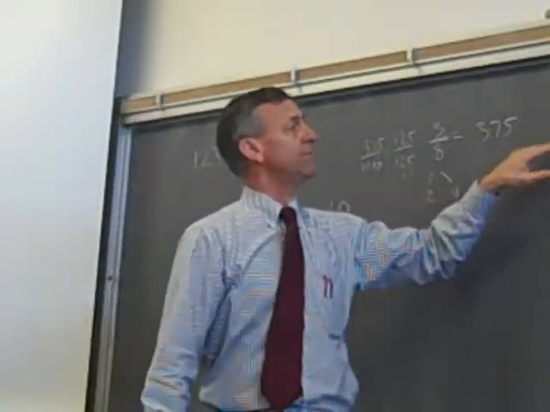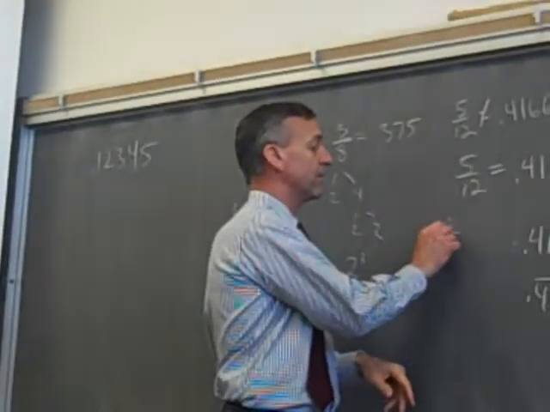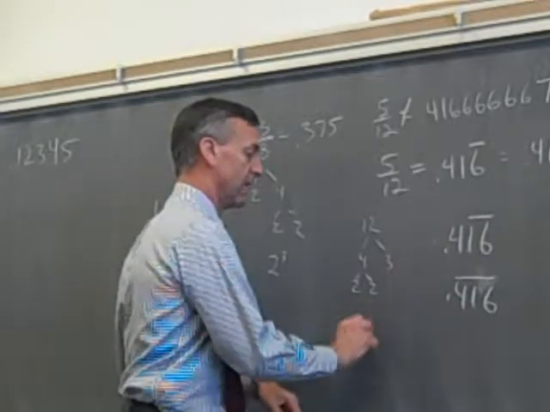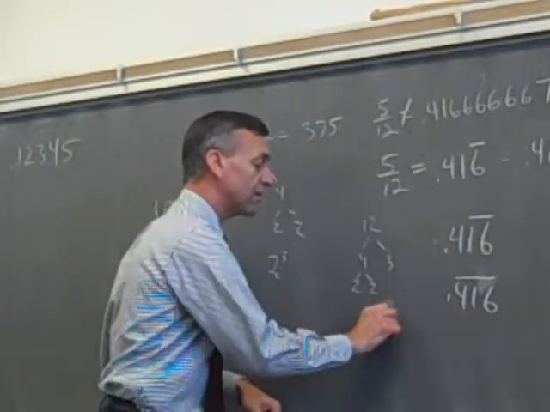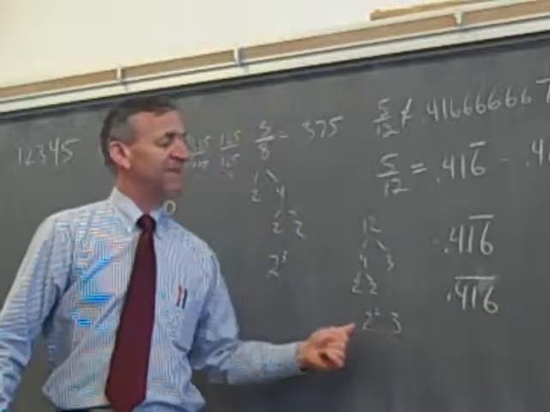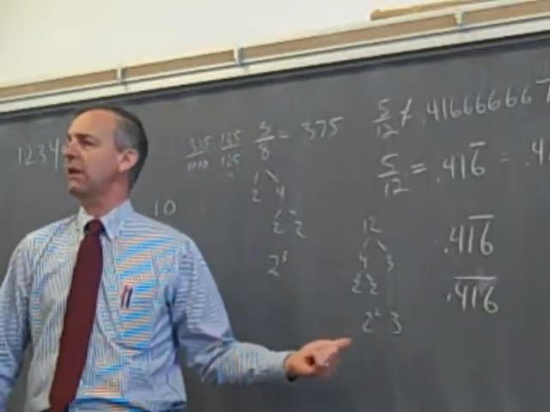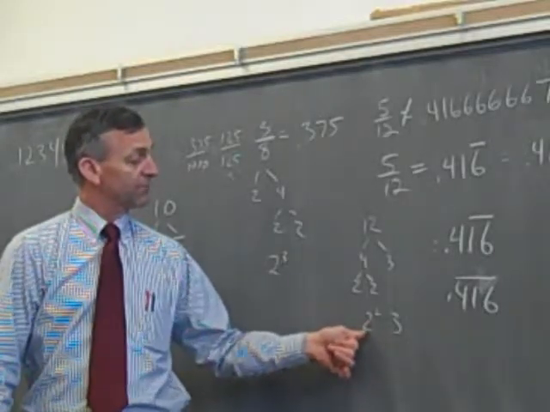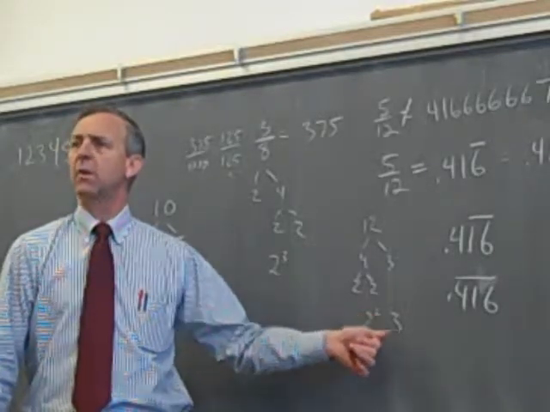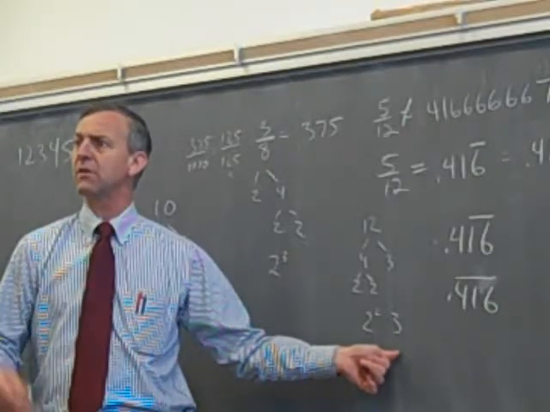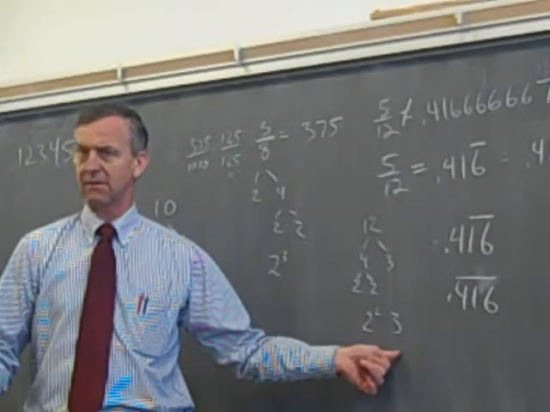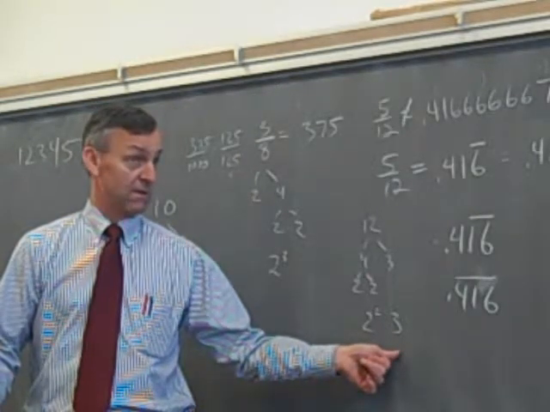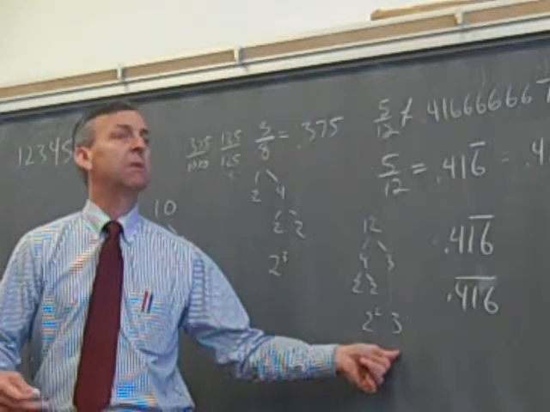But over here, 12, how does it prime factor? 6 and 2, 2 squared times 3. So what can I multiply this by to turn it into a power of 10? Well, I could put a couple of 5s with the 2s, and that would give me 100, but what am I going to multiply 3 by to turn it into a power of 10? You'd have to multiply by 10? No. That wouldn't be a power of 10, it would be a multiple of 10.